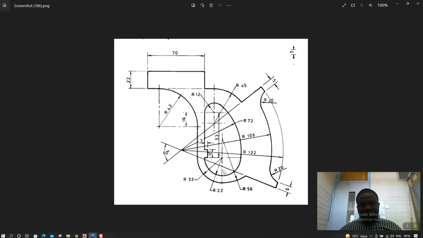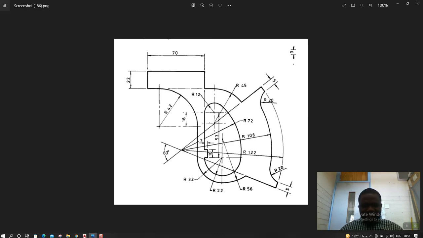Now after drawing those two circles, we realize that there is another circle that is radius 72, and the circle center radius 72 will help us also identify the center of these two circles that are at the outer part, which are the circle center radius 106 and 122.